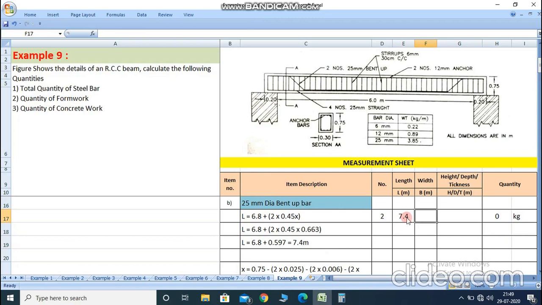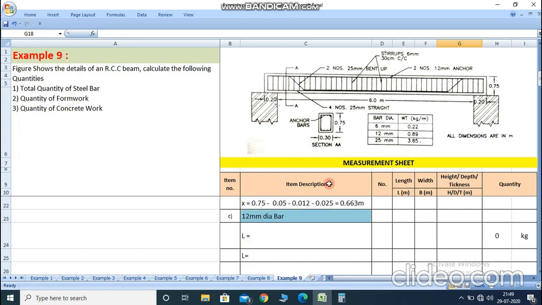At the rate per meter length, weight is given for a 25 mm dia bar. Weight per meter length is given as 3.85 kg. So total quantity we find out is 56.98 kg for 2 numbers of 25 mm dia bent up bar.